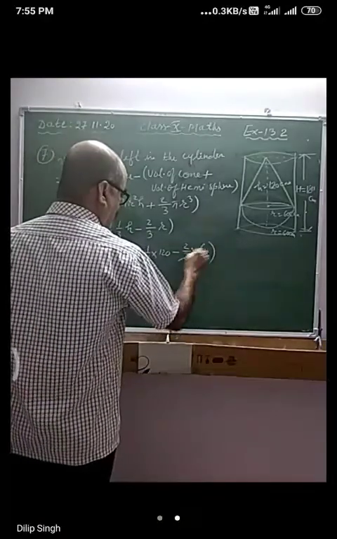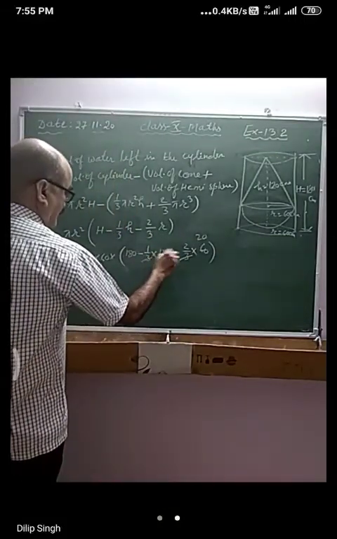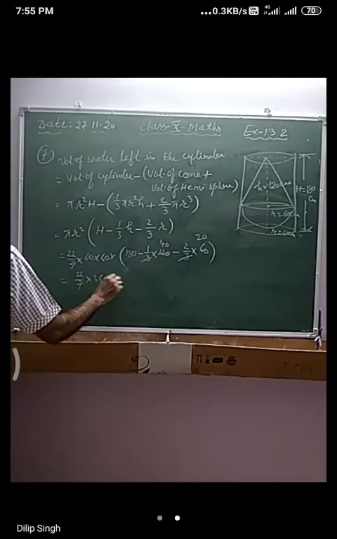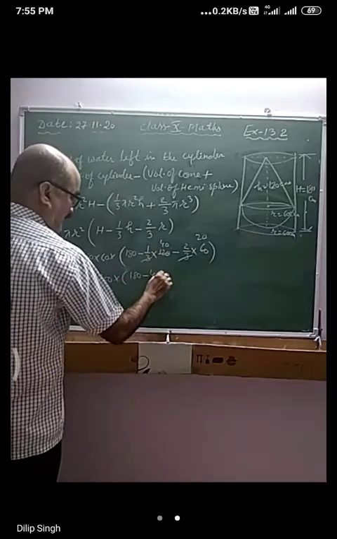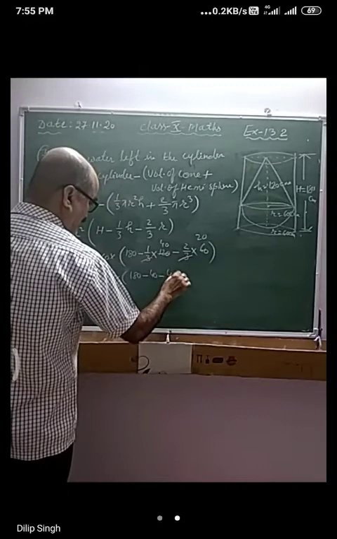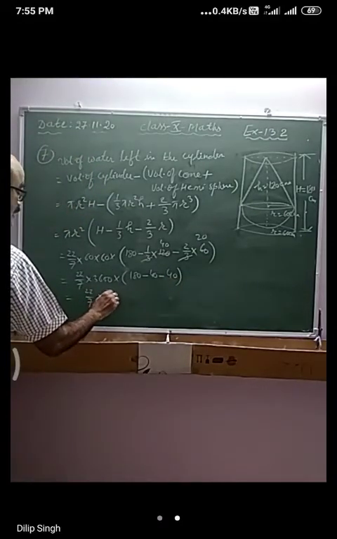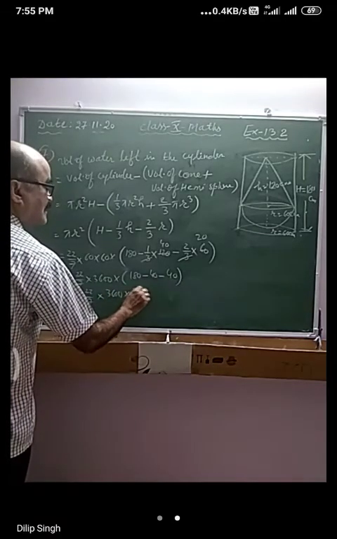So 3 2s are 40, and 3 4s are 40, so 22 by 7 into 3600 into 180 minus 40 and minus 40. So 22 by 7 into 3600 into 180 minus 80, which is 100, right?